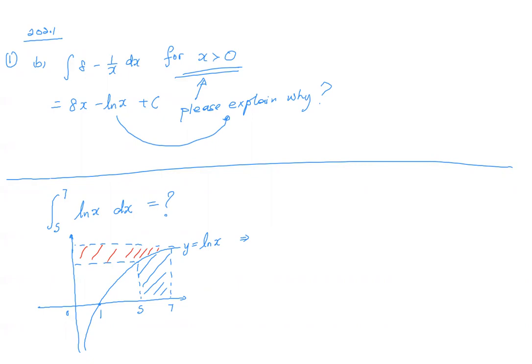May I know what is the y value for this point A? X is 5, y is ln 5, about 1.6.